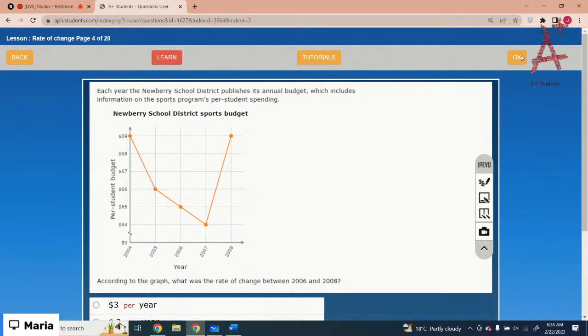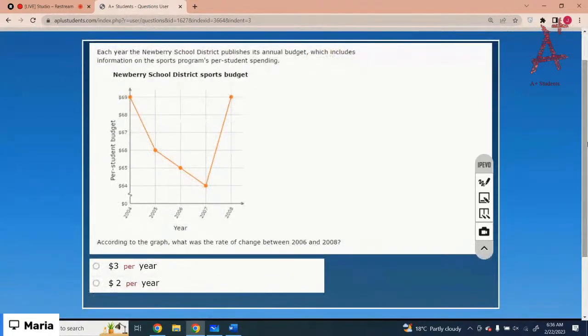Okay, the next one is: each year the Newberry School District publishes its annual budget, which includes information on sports programs per student spending.